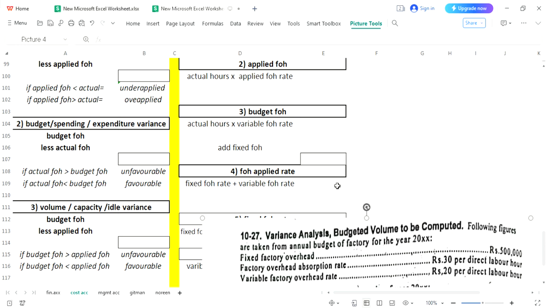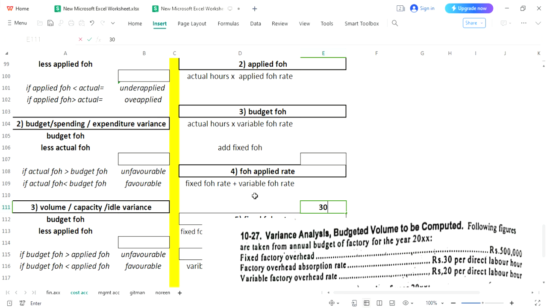Factory overhead rate has already been given in the question. You don't need to add fixed FH and variable FH. We will add it, but later on. Okay, better to write 30 over here. So how this 30 would come when you add your fixed FH rate and variable FH rate.